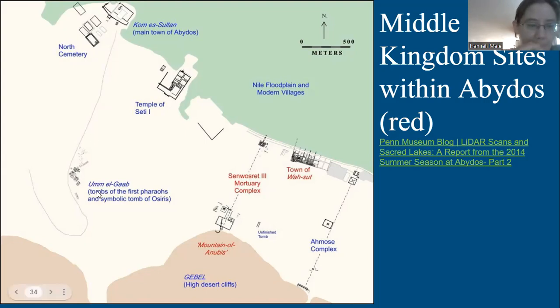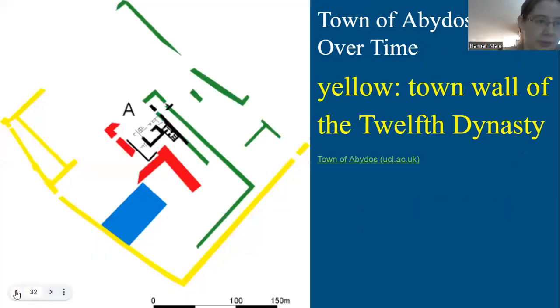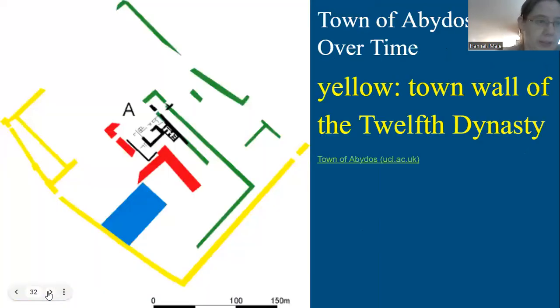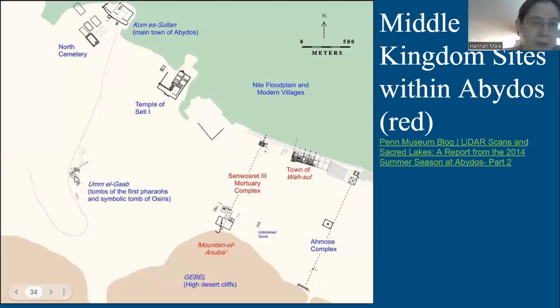This is the site of those early dynastic tombs. So on the map, we saw here, those royal tombs here, but by the Middle Kingdom, one of those royal tombs was believed to be the tomb of Osiris.